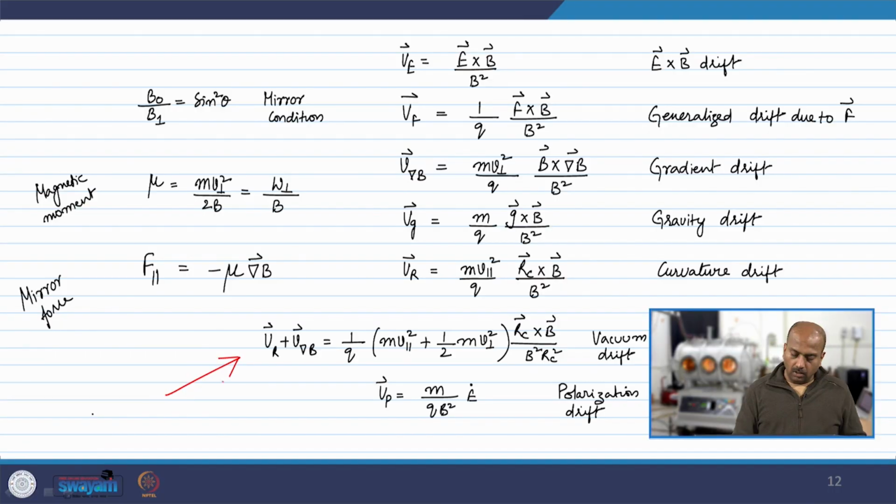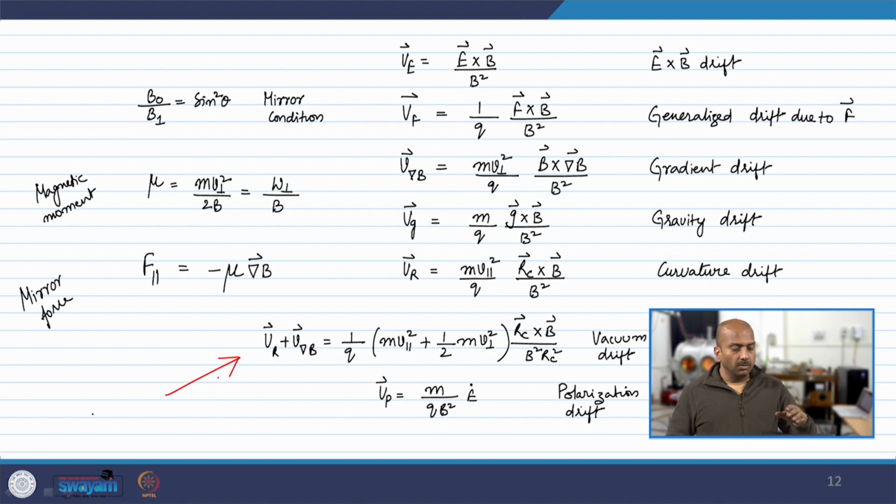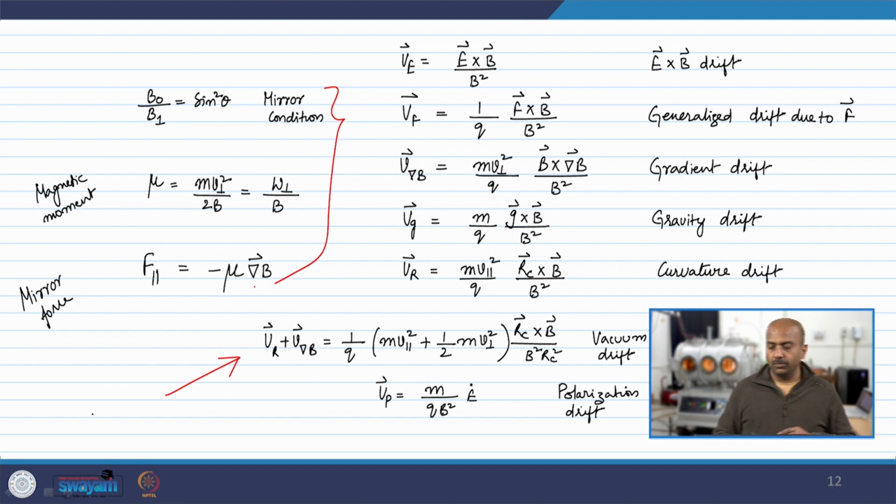So, this convergence and divergence should be accommodated only at the expense of some curvature in the magnetic field lines. So, that is when you have a gradient drift, you always have a curvature drift. So, we learned how to combine these two things and write this vacuum drifts, and recently we have covered what is the polarization drift and some other conditions which are relevant for magnetic mirroring, right.